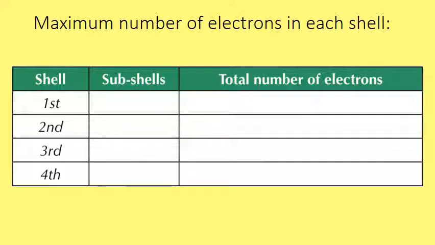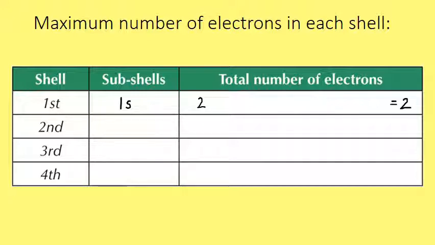So as we've mentioned before, it's the first shell, and we have just one s orbital. And so there are 2 electrons in one orbital. So the maximum or the total number of electrons in the first energy level or shell is 2. Okay, we know that, that's the same as GCSE.